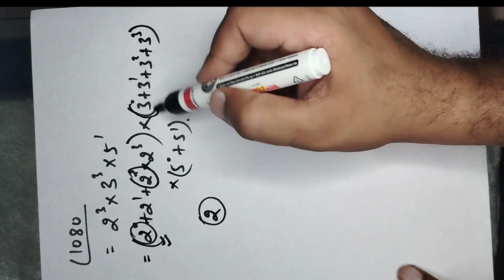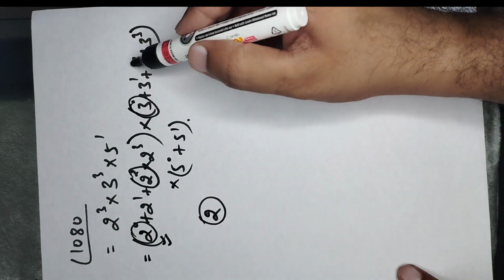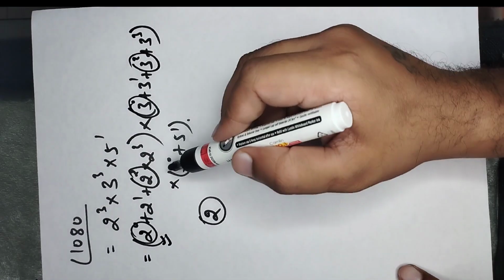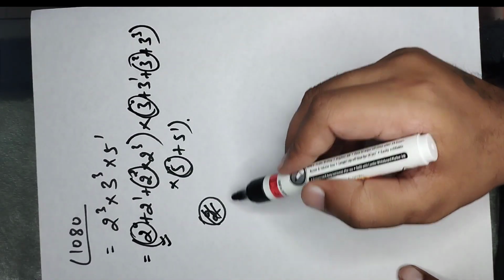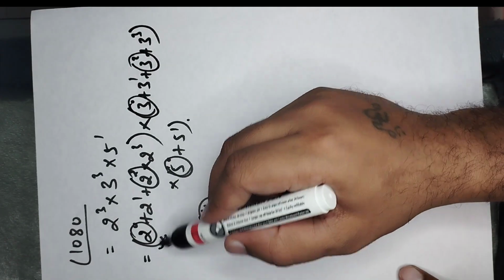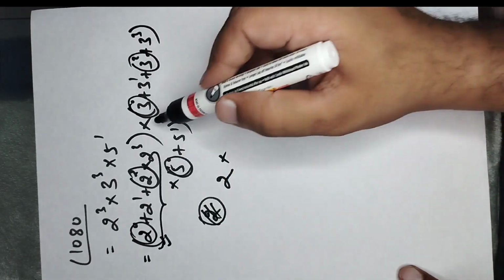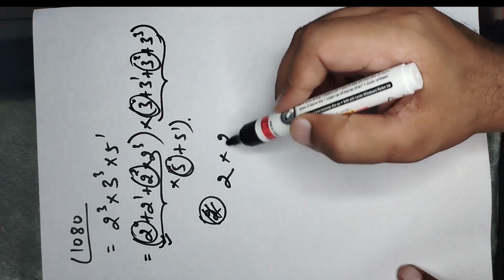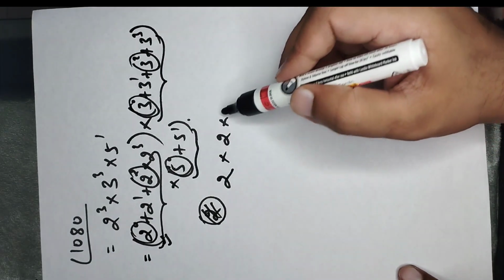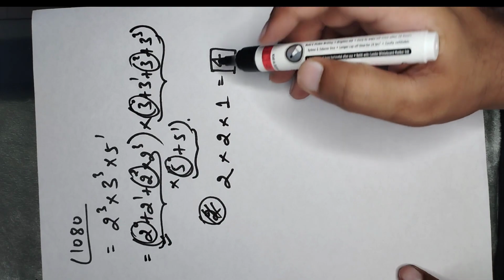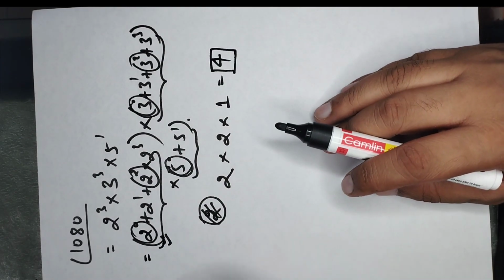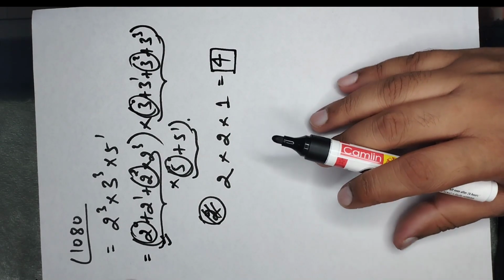Then again 3 raised to the power 0, and then again 3 square, and then again 5 raised to the power 0. So I can say I have 2 numbers from these ones, then I got 2 numbers from this one, and then I get 1 number from this one. So I can say there are 4 numbers or 4 square factors of 1080.